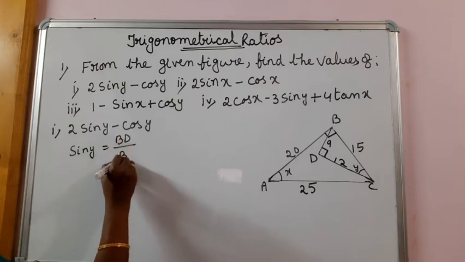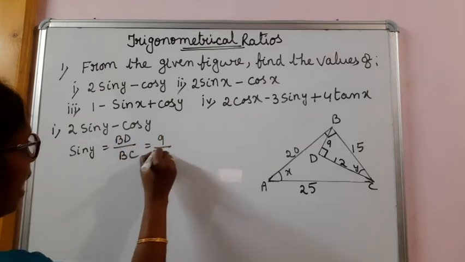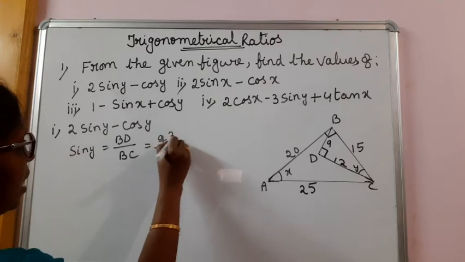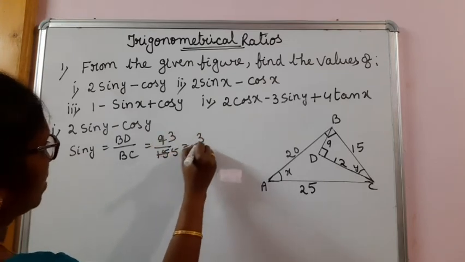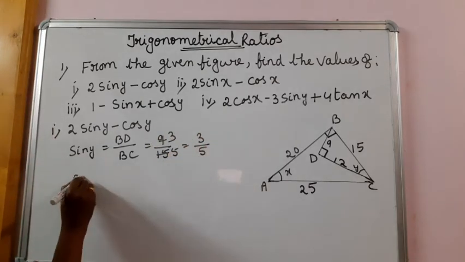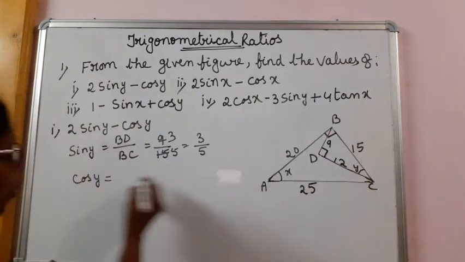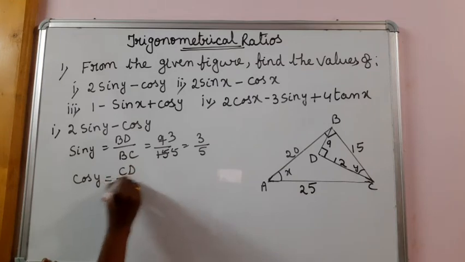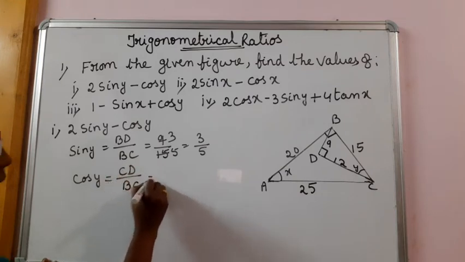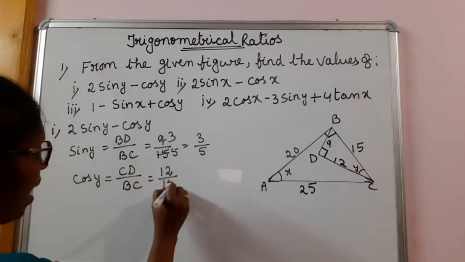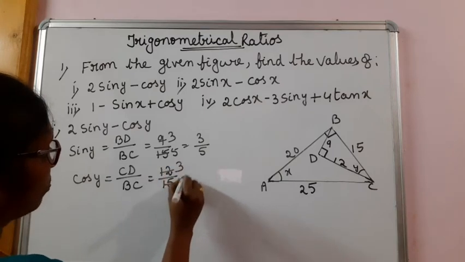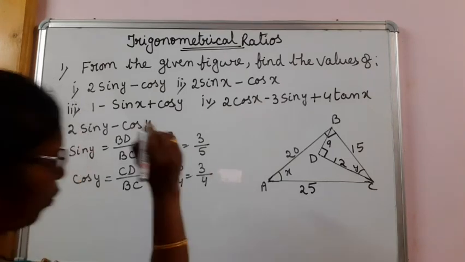BD by hypotenuse BC. BD is 9, hypotenuse BC is 15. 3 3s are 9, 3 5s are 15, 3 by 5. Let me find cos y also. Cos of this angle is base by hypotenuse. Here base is CD, by hypotenuse BC. CD is 12 by 15. 3 3s are 9, 3 4s are 12, 3 by 4.